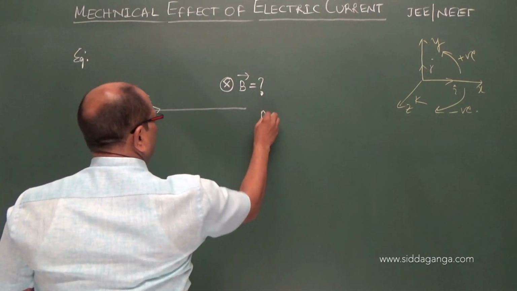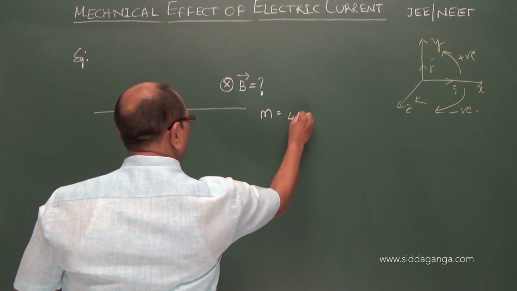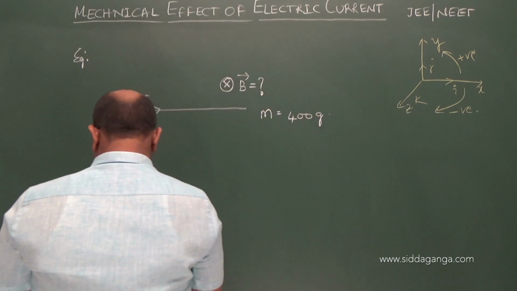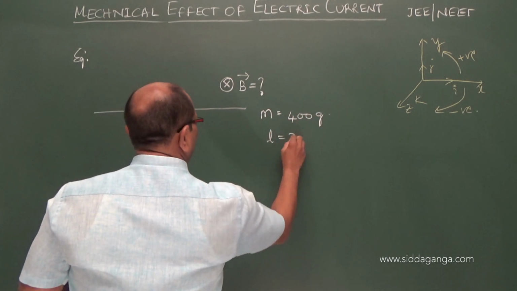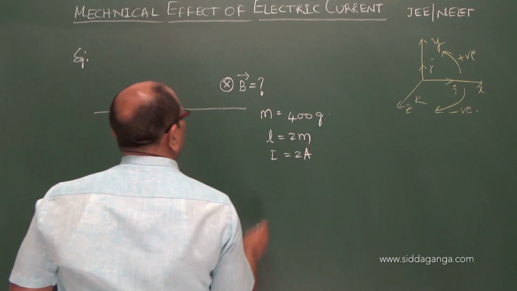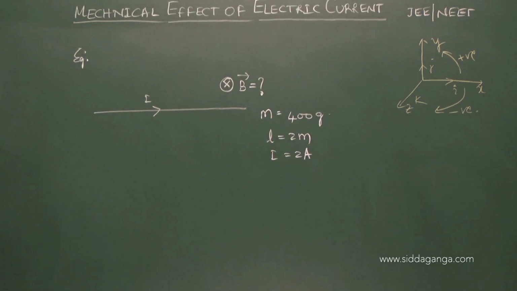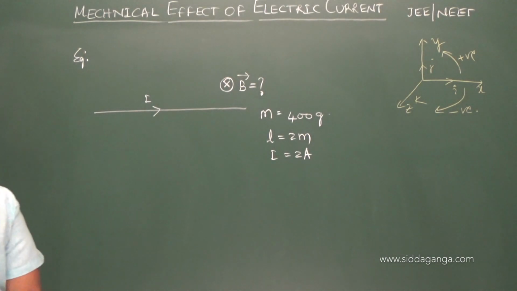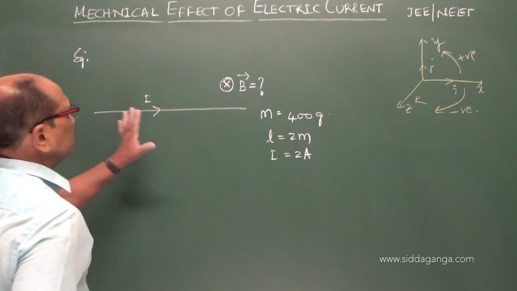The mass of the wire suspended is 400 gram, the length of the wire is 2 meter and the current it carries is 2 ampere. We have to find the magnitude of the force. It hangs freely in air under the support of that magnetic field.